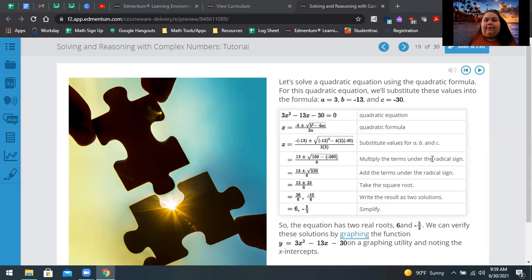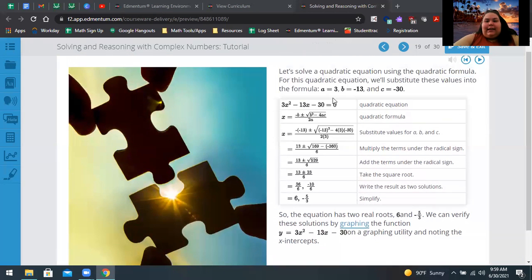We might have only one real solution, which is considered repeated, and the other one is two complex. And the complex leads us into that idea that we can take the square root of a negative number.